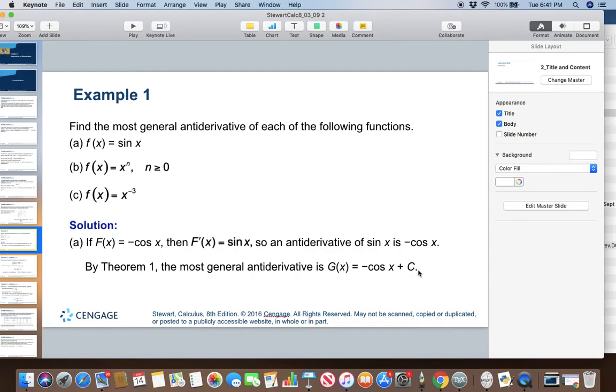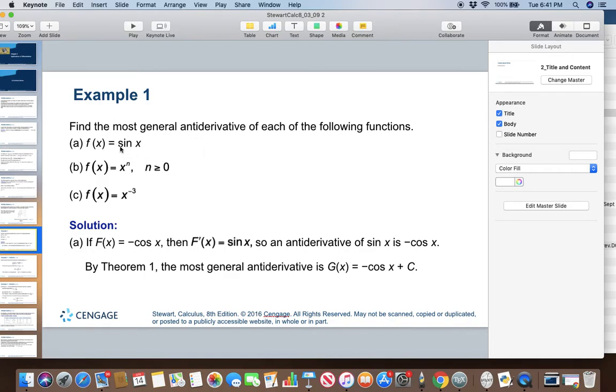If I add 10, that is another antiderivative. If I add 100, that's another antiderivative. If I subtract 2000, that's another antiderivative. Instead, if I write plus c, it is called the general antiderivative. Okay? So, the question is, find the most general antiderivative of each of these.